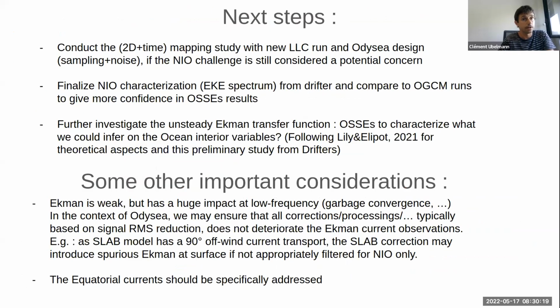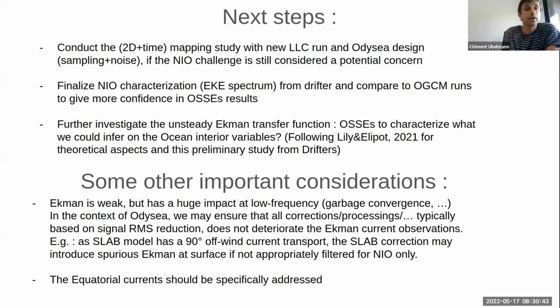So next steps would be to conduct the pure statistical 2D plus time mapping study that was run with Kim here, with the new LLC run and Odysea design with sampling and noise. It would be worth putting the effort in if the NIO challenge is still considered a potential concern.